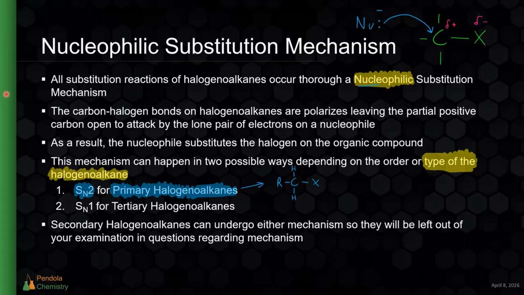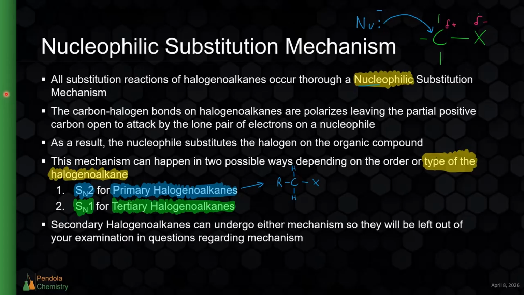Whereas a tertiary halogenoalkane is going to undergo SN1 mechanism. So whether that halogenoalkane is primary or tertiary, it will cause the mechanism to change. The reaction itself doesn't change.